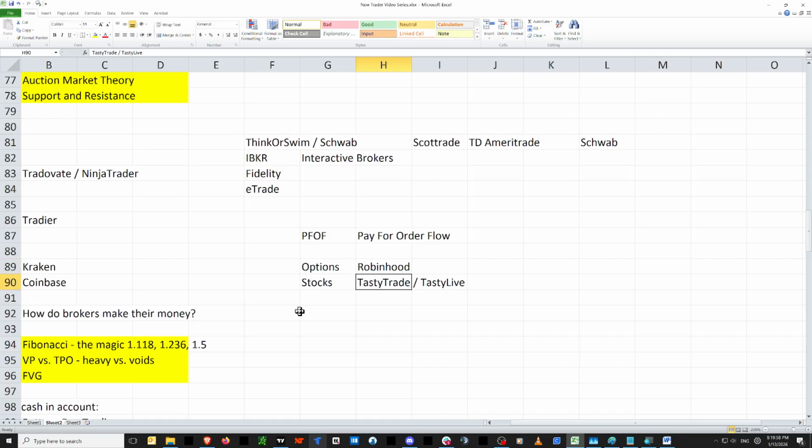Tasty, on the other hand, and all these guys back up here all started off charging just a commission for options trading. Thinkorswim, IBKR, Fidelity, and E-Trade start around 60 cents each way per contract, per leg.